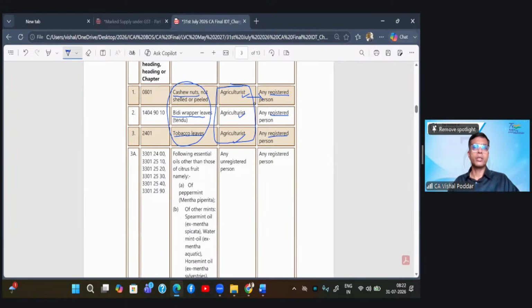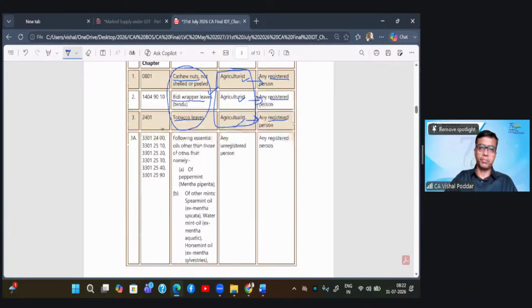The farmer has been kept outside GST because the government does not want the farmer to get into the GST glitches of taking registration and doing everything online. So to relieve the farmer from this, they have put it under RCM, where the supplier is a farmer and the recipient is a registered person. So for these three items, a farmer is kept outside the GST.